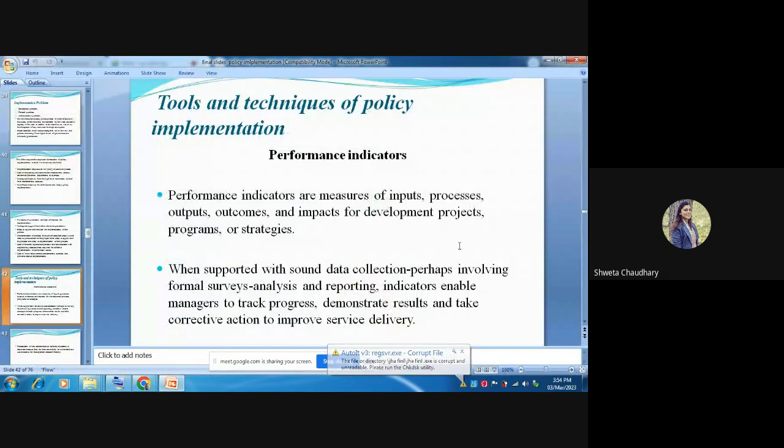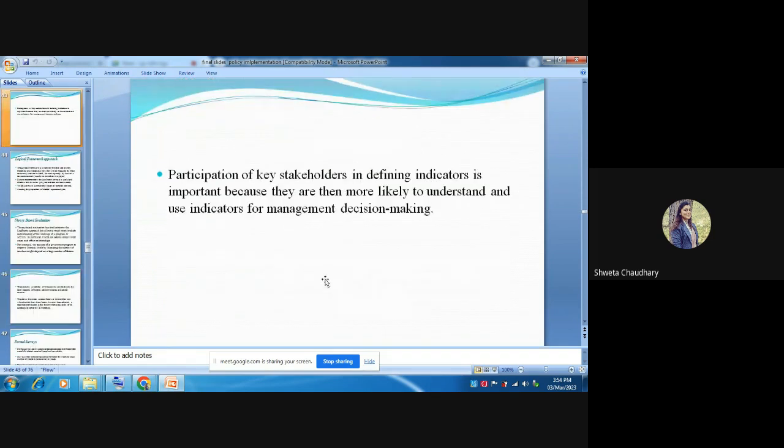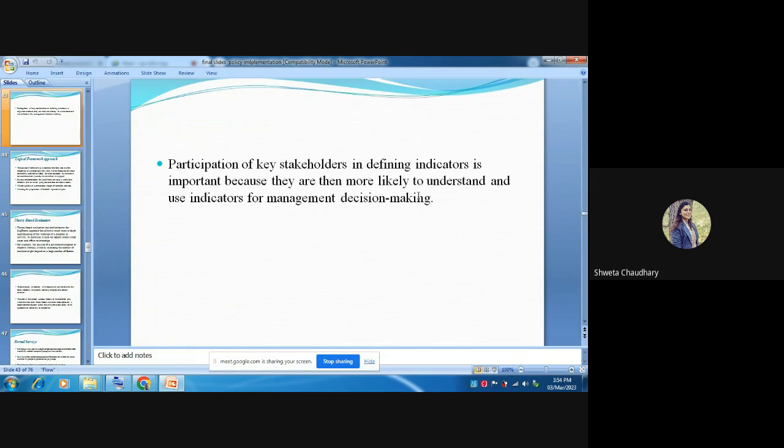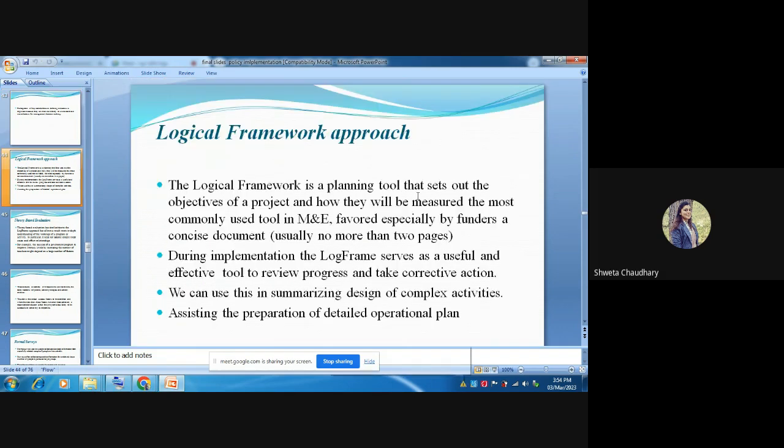So for performance indicators, the government collects data: formal surveys are done, reporting is done, tracking is done to see the impact of various policies. Participation of key stakeholders in defining indicators is very important, meaning how the people are participating in that policy.